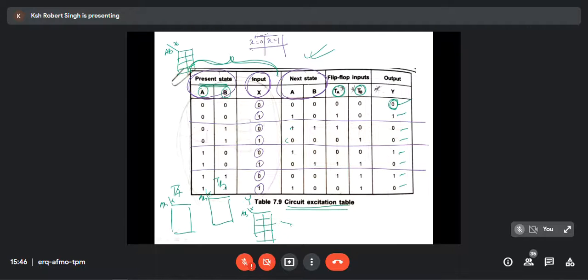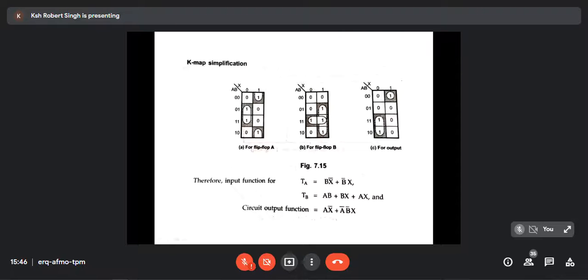I should put 0 when A is 0, B is 0, X is 0. Very clear from here. TA, TB: when are you going to put the 0? In the place of A0, B0, and X0, I have to put TA TB 0. Can you understand? So like this, you will have for TA, for TB, and for the output Y. Is it okay?